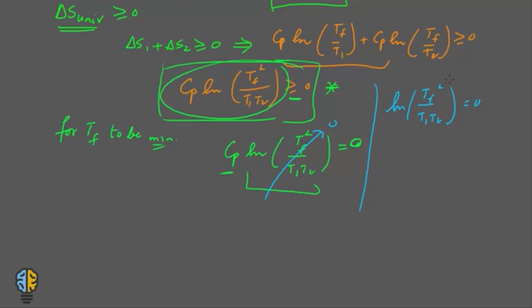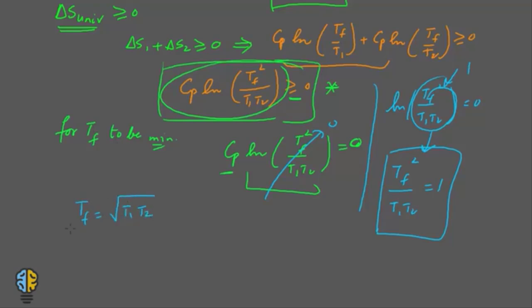So you can say that this value, Tf square upon T1 T2, is equal to 1, because when you put 1 over here, it becomes 0. This means Tf is equal to under root T1 T2. So this is the least attainable temperature Tf, which will give us the maximum work output.